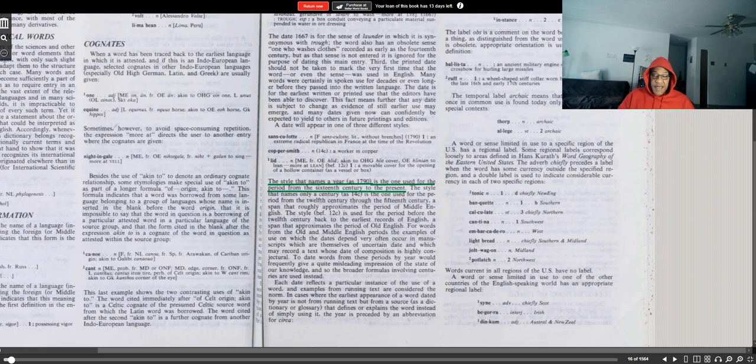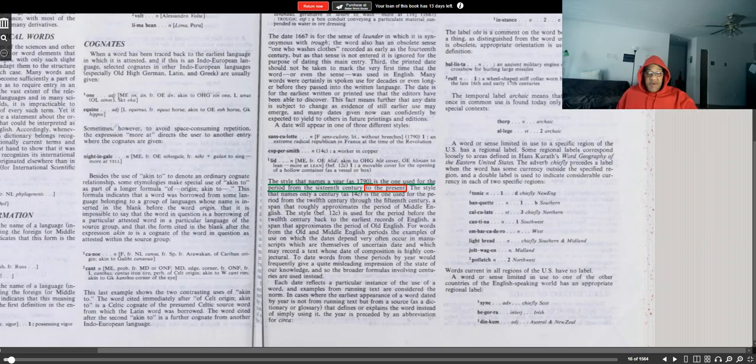Now, why is that? What's going on there? Why is it saying from the 1600s to the present?